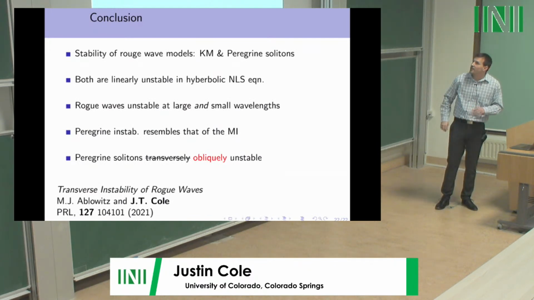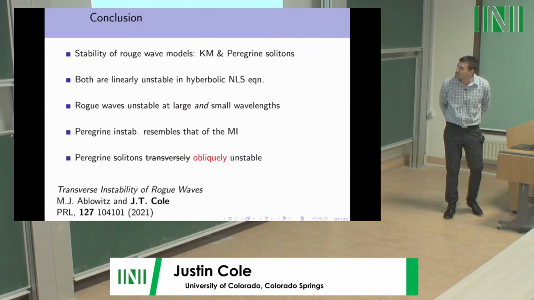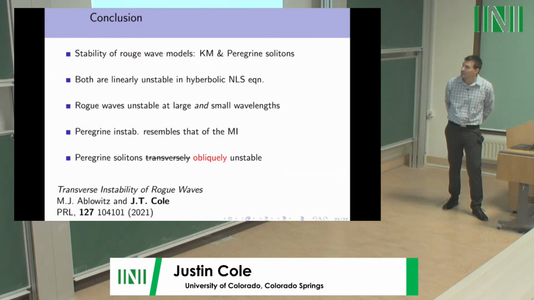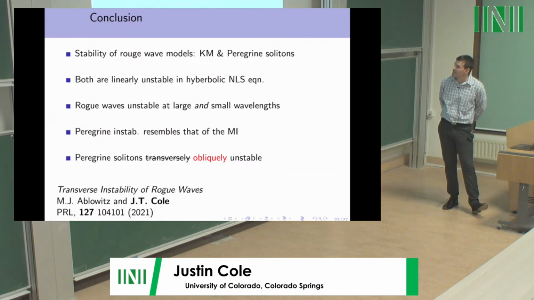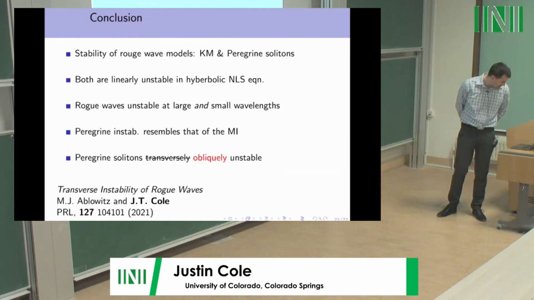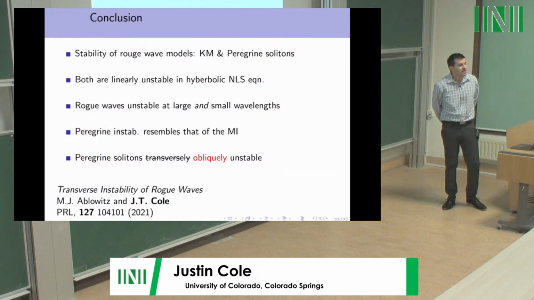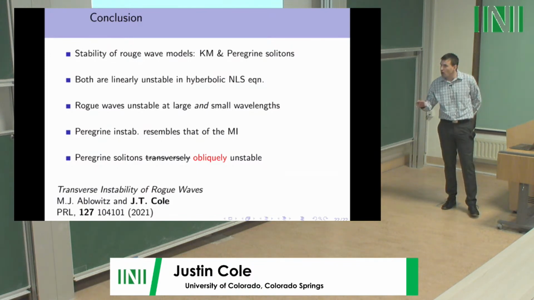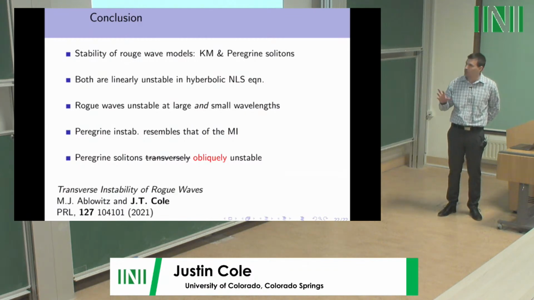So in conclusion, we studied the stability of a couple of rogue wave models, the Kuznetsov-Ma and the Peregrine solitons. We found that both are linearly unstable in the hyperbolic as well as the elliptic NLS equations. They are found to be unstable at both small and large wave numbers, all different wave numbers.